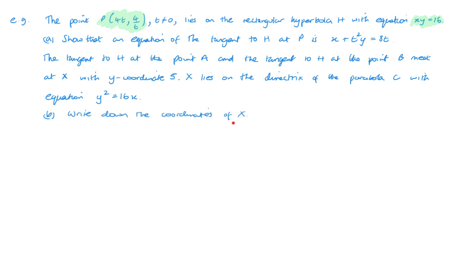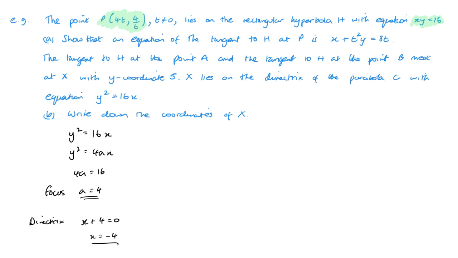Write down the coordinates of X. So y squared equals 16x, and this is of the form 4ax. So 4a equals 16, a equals 4. So that's the focus. And then the directrix is x plus 4 equals 0, or x equals minus 4.